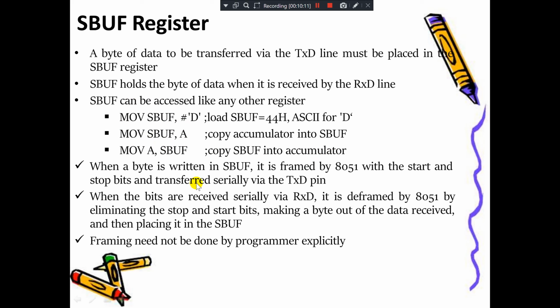When a byte is written into SBUF, it is framed by the 8051 with a start and stop bit and transferred serially via the transmit pin. When bits are received serially via the receive pin, they are deframed by the 8051 by eliminating the stop and start bits, making a byte out of the data received and placing it in SBUF. Framing need not be done by programming explicitly.